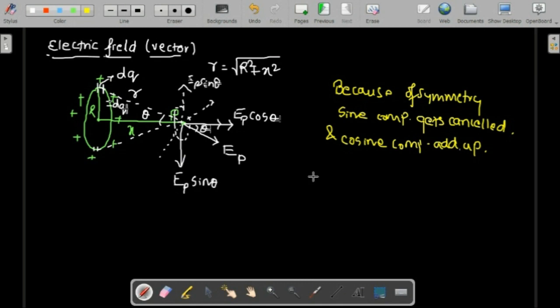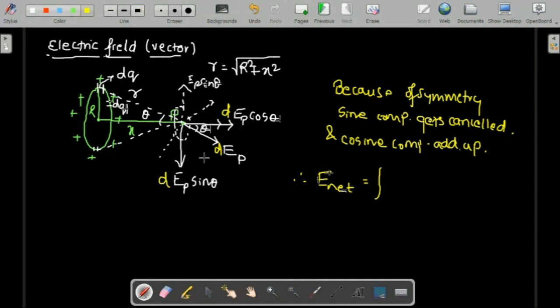So if I want to find out the net electric field, this was a small electric field, I can write it as dE, because this was because of the small charge. I have to integrate, but I have to integrate along this horizontal component.